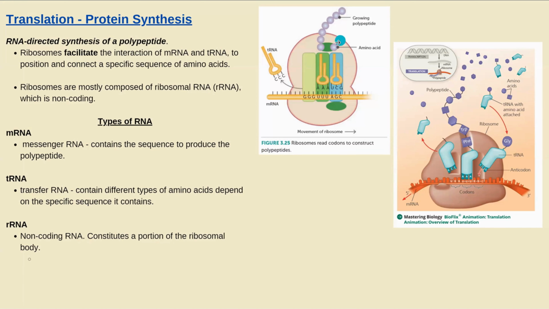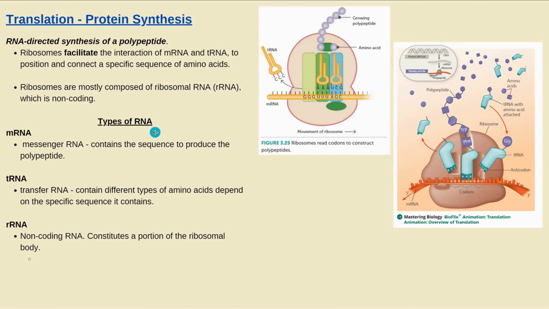So more tRNAs come, they provide a specific amino acid, and these amino acids will start to chain up to create a growing amino acid chain, basically a polypeptide. So we're going to see this in a lot more detail.